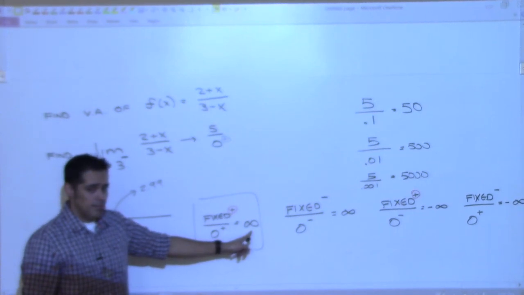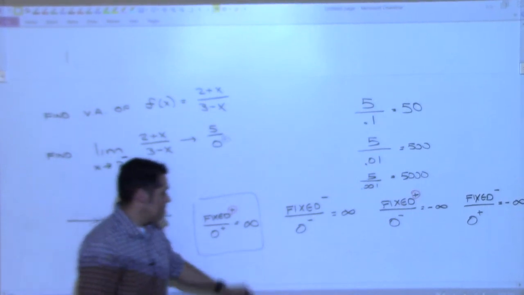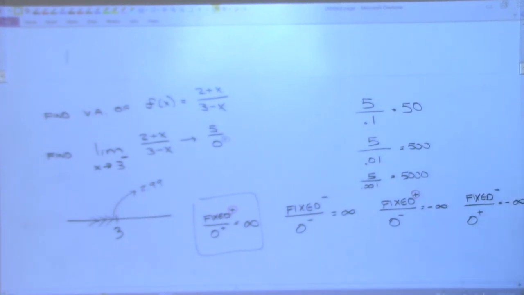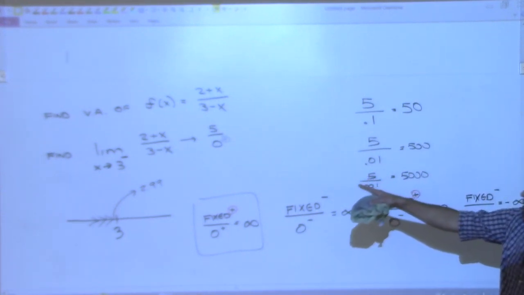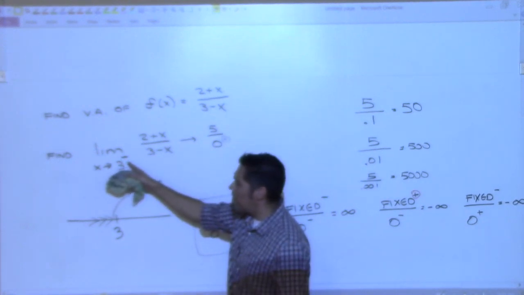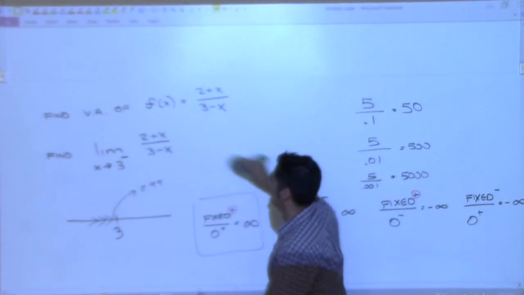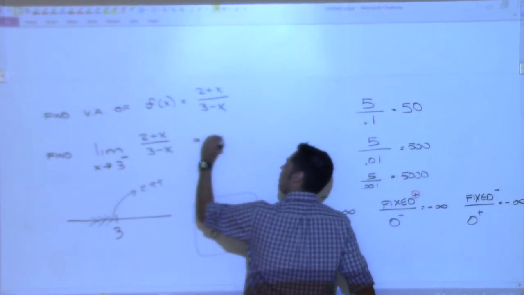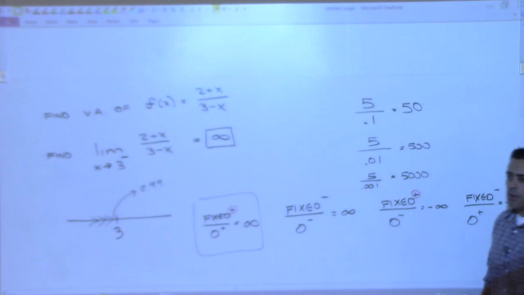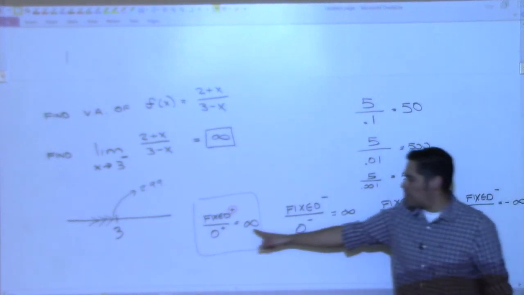All right? So the answer to this problem right here, the limit as x approaches 3 from the left is infinity. Because that's what's happening.